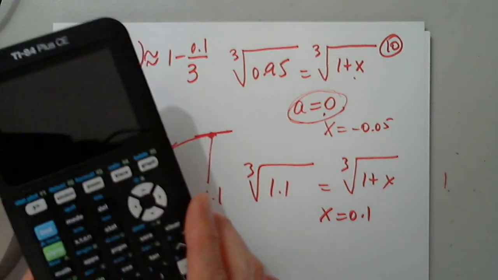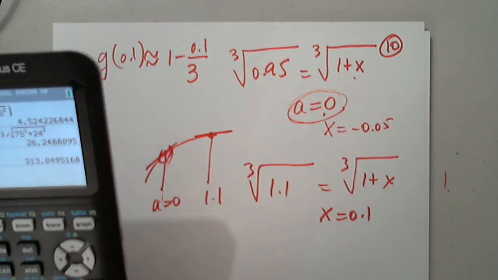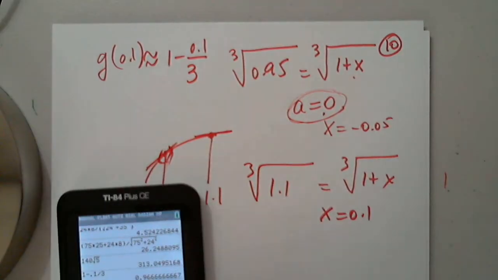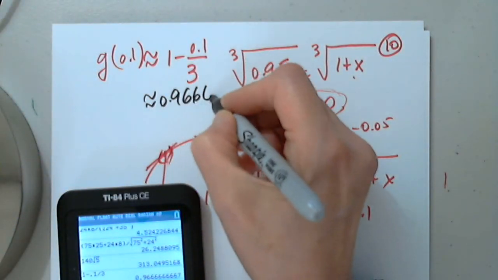Yes, I didn't finish this. So 1 minus 0.1 divided by 3 is 0.9666.